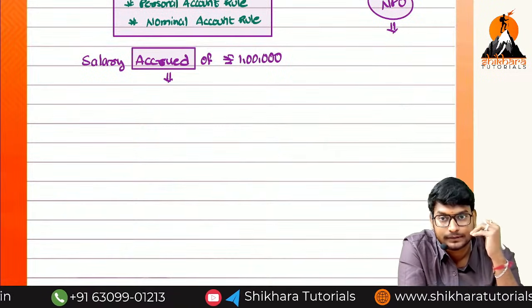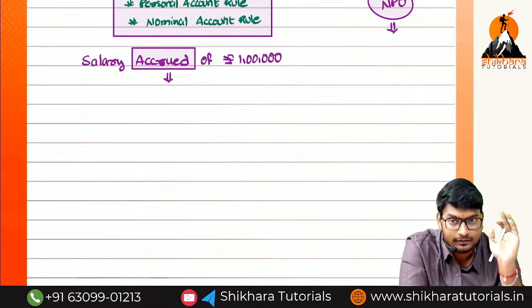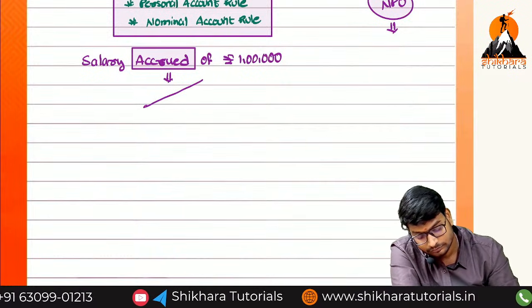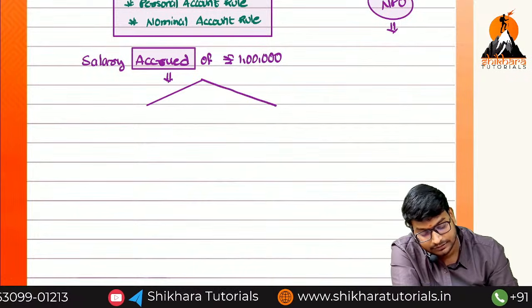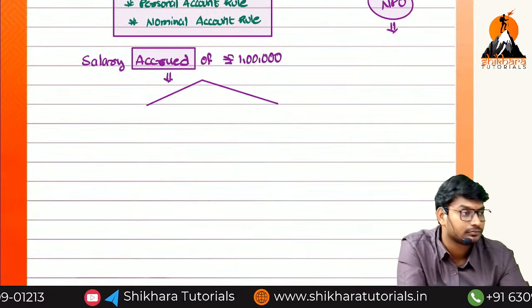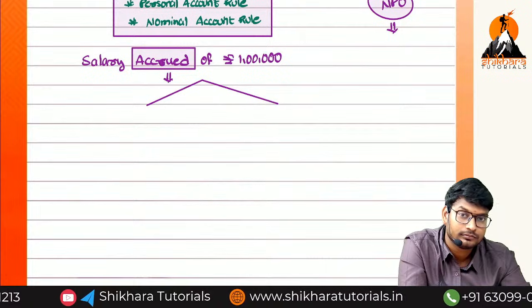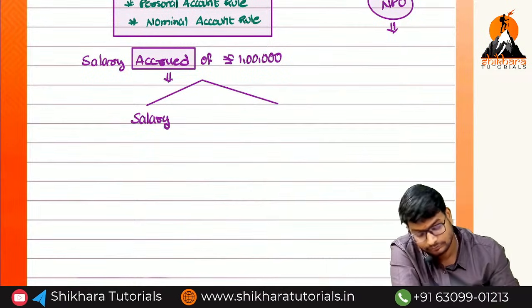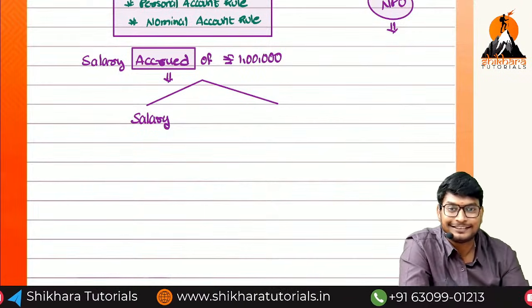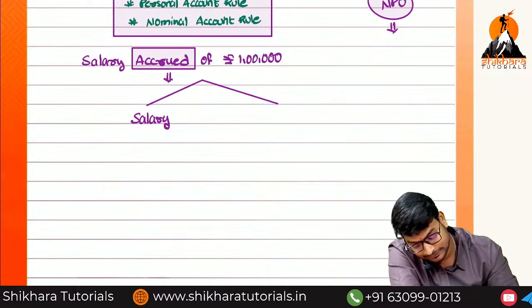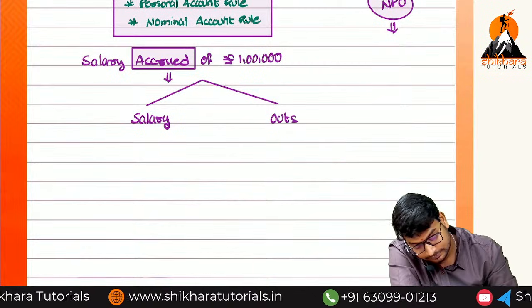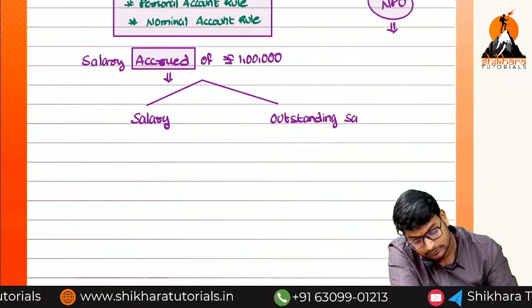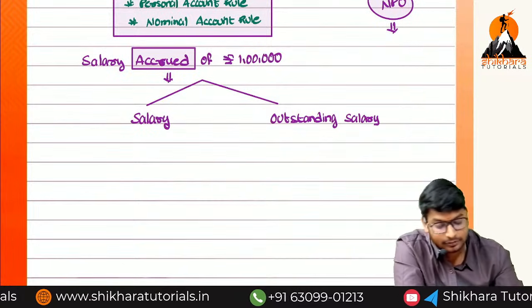entry. First of all, salary, outcomes. Can you know the outcomes first of all? What are the two outcomes? Salary and outstanding salary.